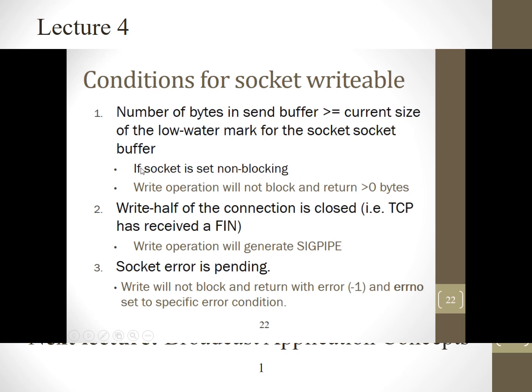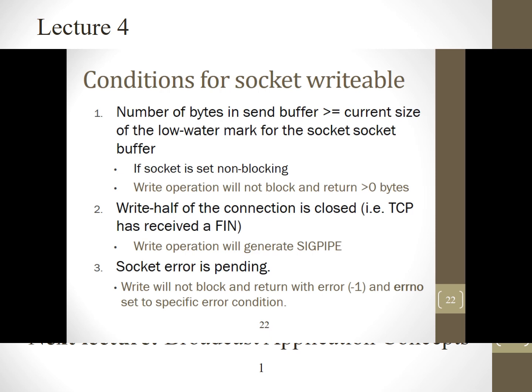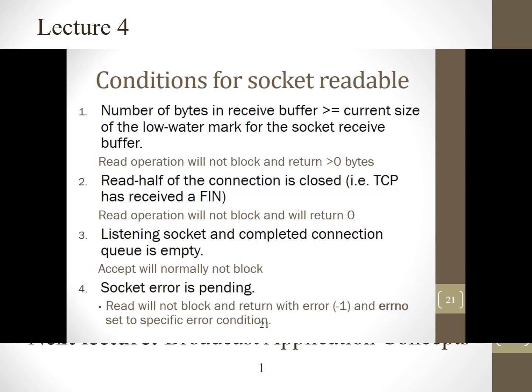So if the socket is set non-blocking, the write operation will not block and will return greater than 0 bytes. So this is for sending, and that one, readable, was for receiving. The other condition is the write half. In the previous case it was the read half. Here it says the write half of the connection is closed.